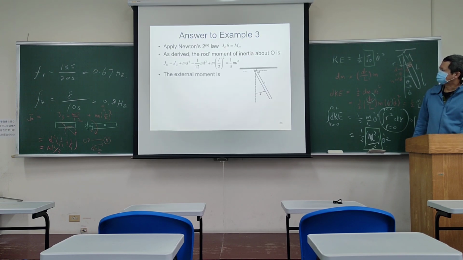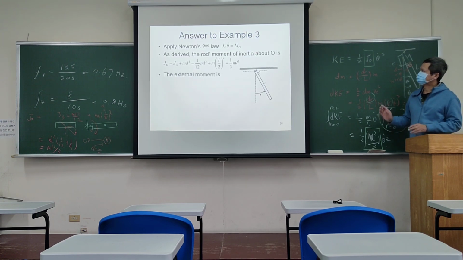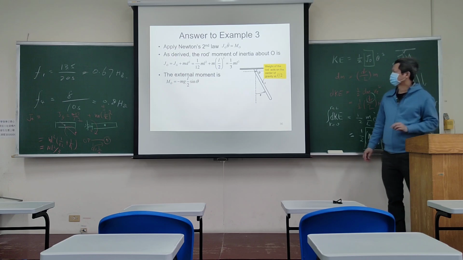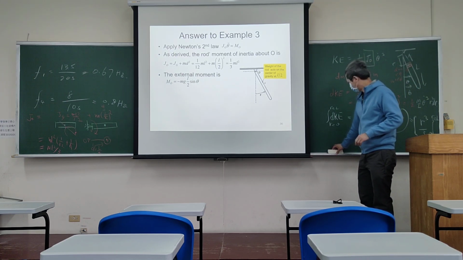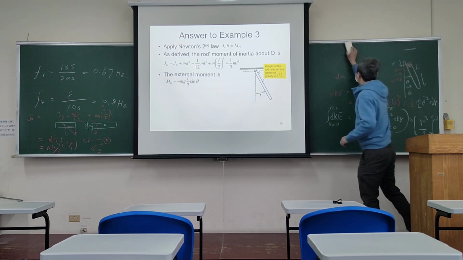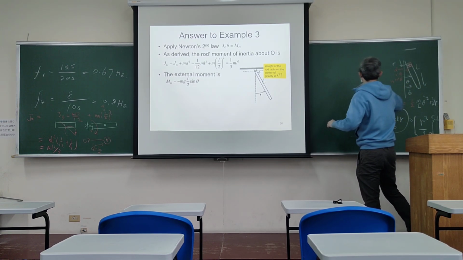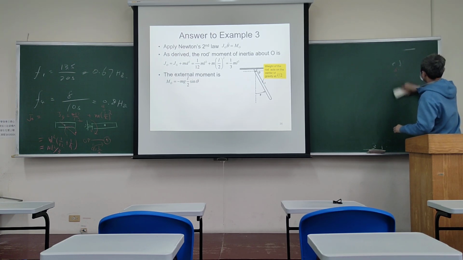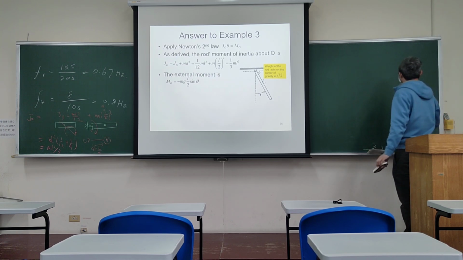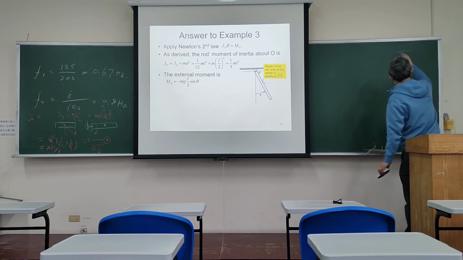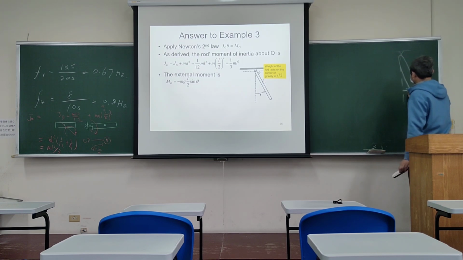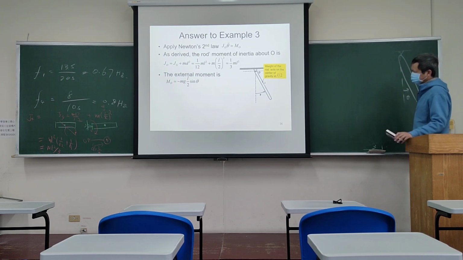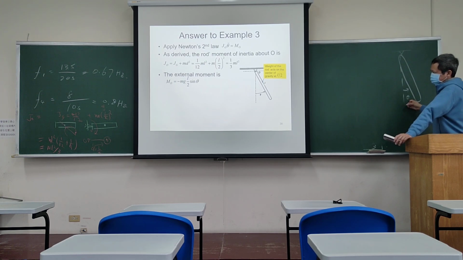After you have done this, now we're going to write the equation of motion. So you now have a rod rotating about the vertical axis of the equilibrium position by angle theta.